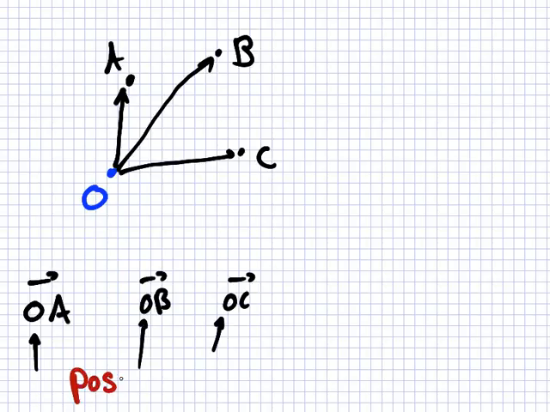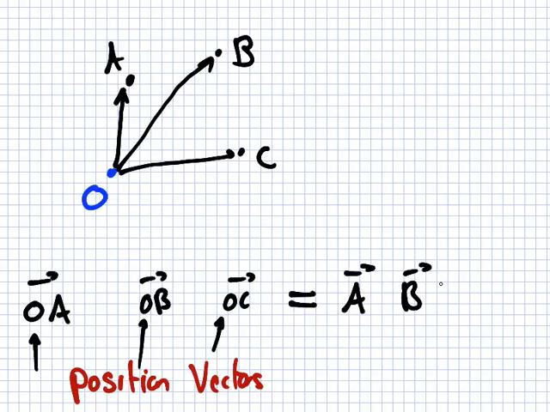position vectors. And to make life more convenient, we don't usually write the O. So we usually just write it as A, B, and C. So if I wanted this vector, I don't have to write OA.